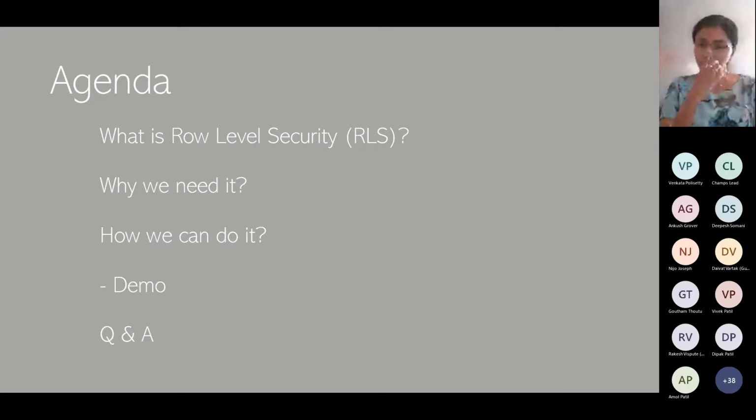I will spend just a few minutes on the slides, and the entire session today will be a hands-on demo where we will see how we can really implement row level security. We will briefly cover what row level security is to give a background, and why we need it, like what kinds of use cases provoke us to implement it, because not every solution necessarily needs it.